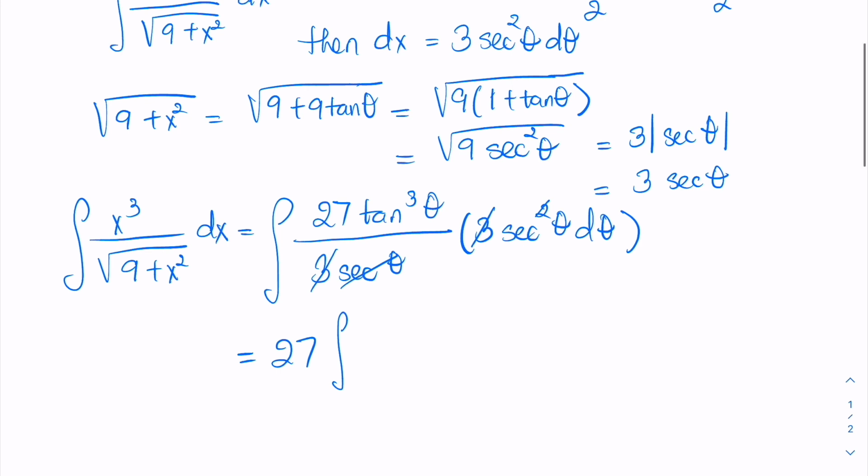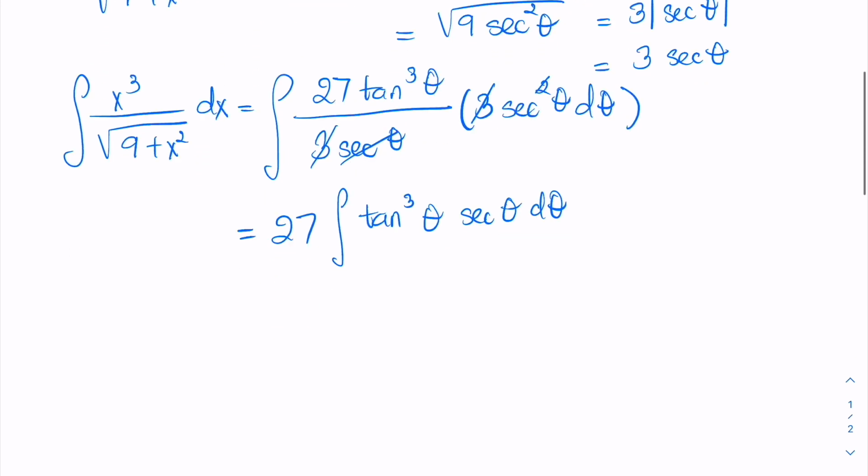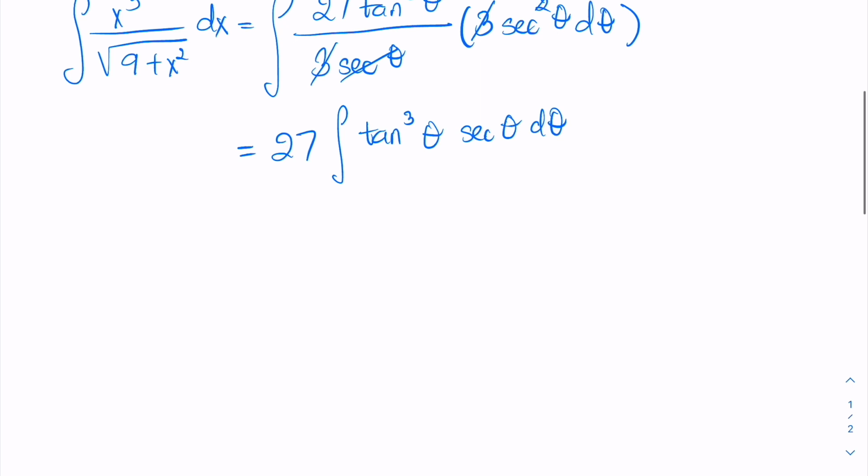So inside, we have tangent cubed theta secant theta d theta. I'm going to rewrite and make tangent cubed into tangent squared theta and tangent theta.